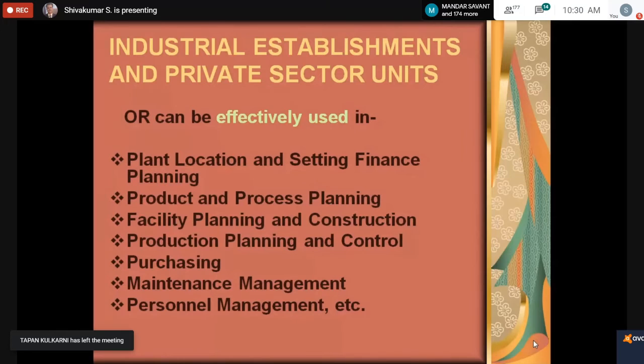Second, product and process planning, facility planning and construction, production planning and control, purchasing, maintenance management, personnel management, etc. These are the major areas where OR can be effectively used in almost all manufacturing organizations.